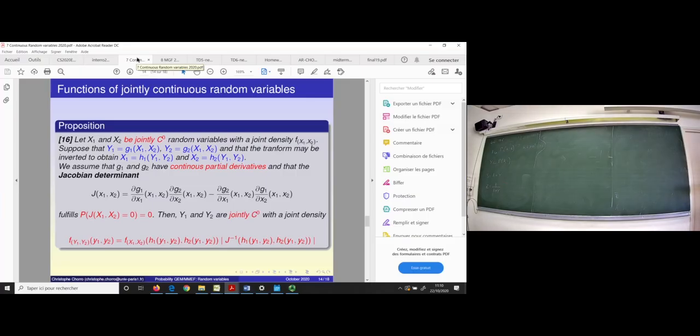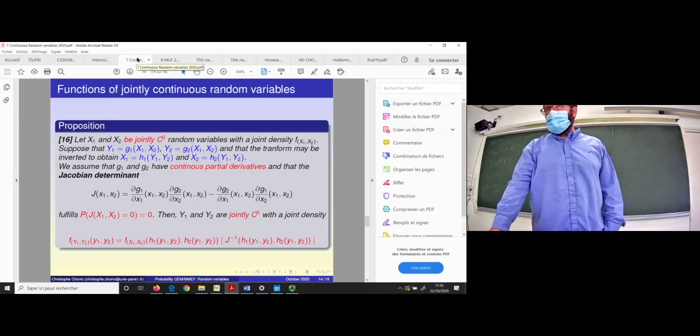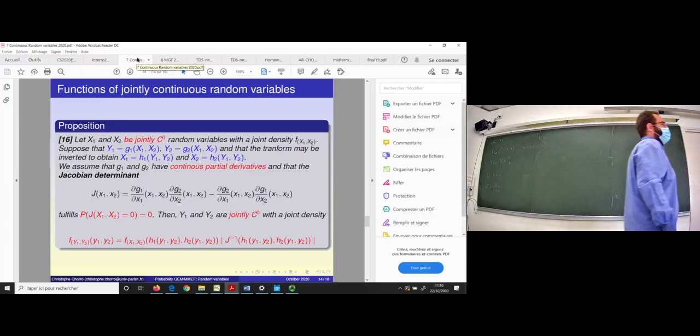Find the joint distribution of this new pair using this one. Then once you have the new joint distribution, find the distribution or the density of each component, computing the partial integrals as I have done in the previous exercise, and conclude whether they are independent or not. So I let you time to do it by yourself.